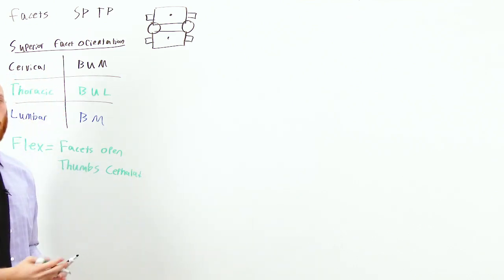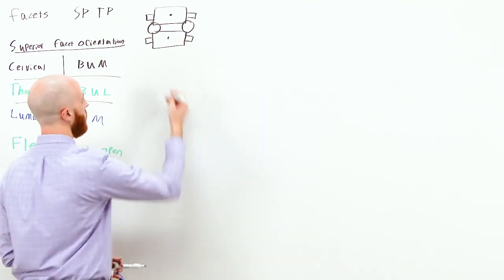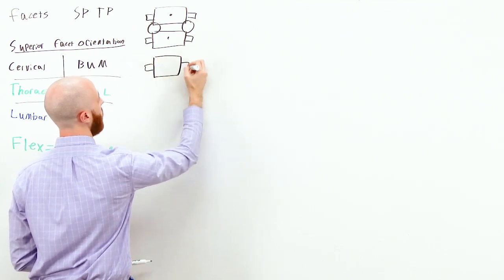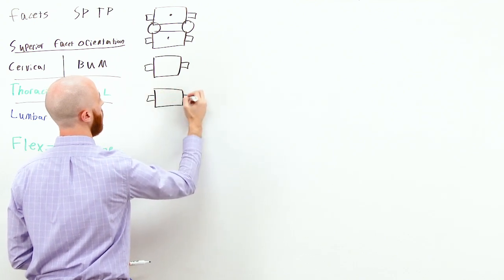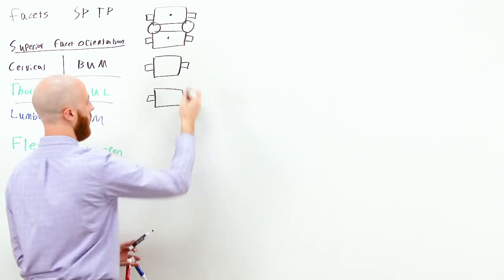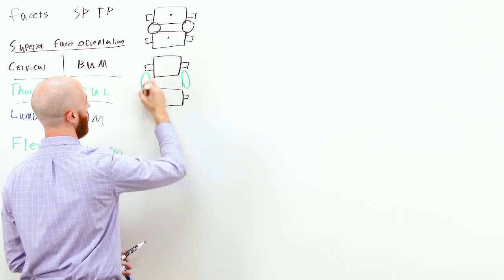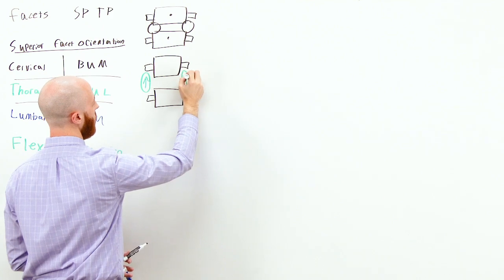Cephalad just means toward the head, so they move upward. If you draw this out, the space between the facets will open and get larger, and your thumbs will move cephalad, or towards the head.